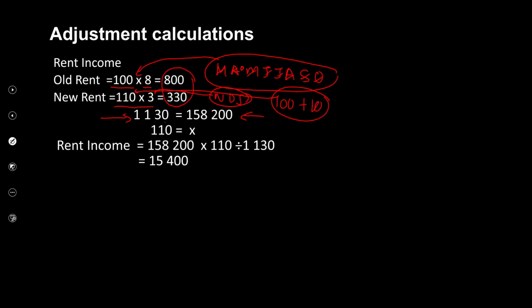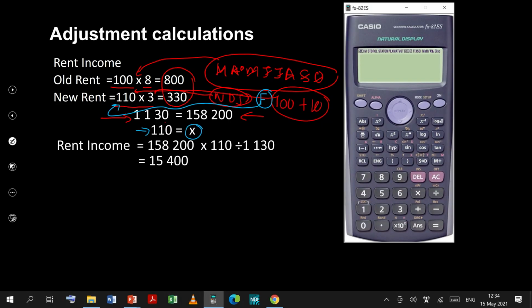What are we looking for? We're looking for the 1 month, which is the February month, which is outstanding here, right? And the February, you can clearly see, is 110 month. Therefore, 110 is equal to my unknown. Cross multiply 158,200. Let's do this calculation together.